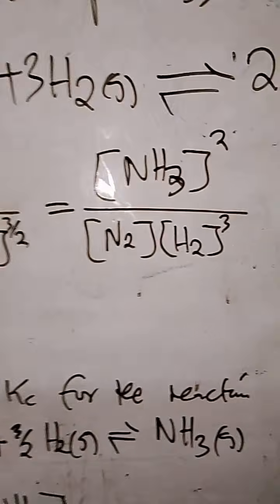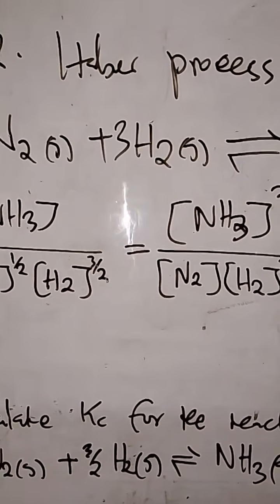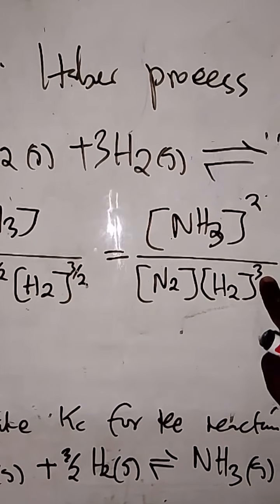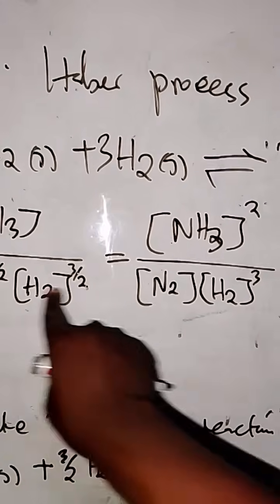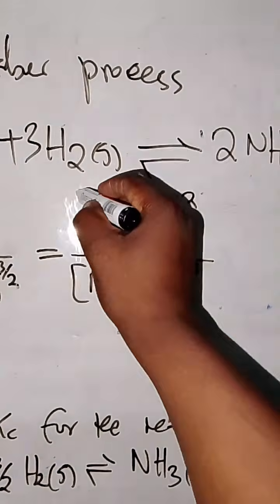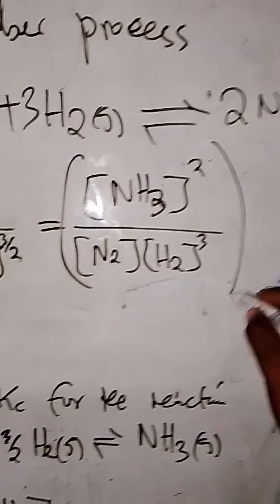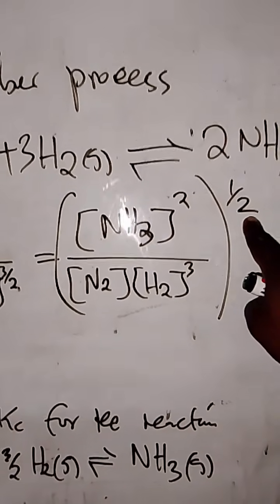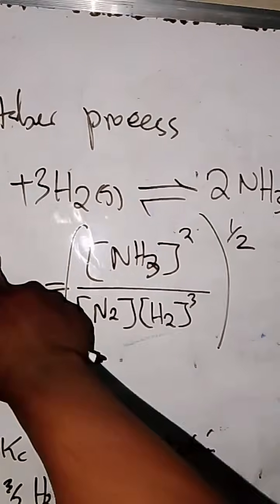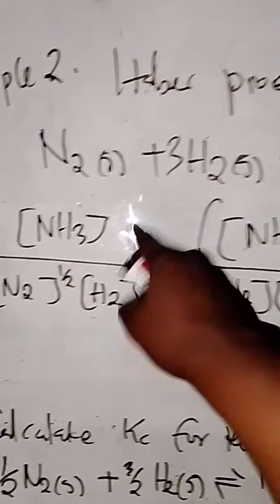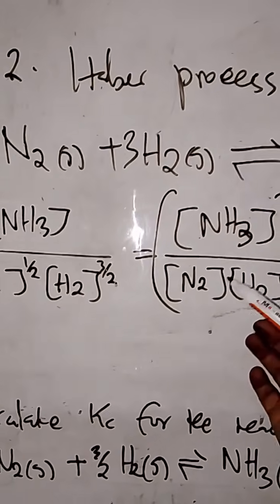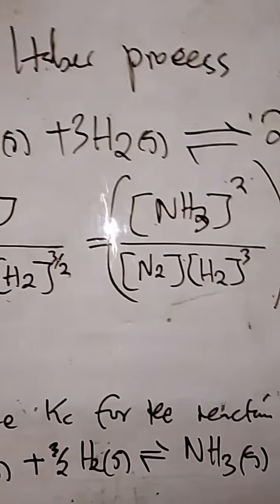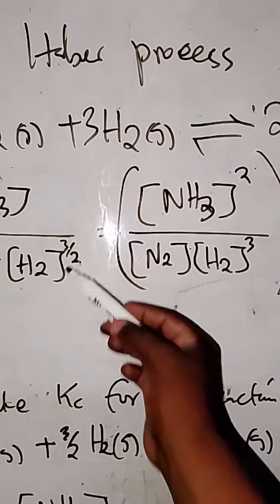So to make these two expressions equal, you can see here it is squared, here to the power 1, here to the power 3, and here there is a half, here 3/2. So if we introduce a half as a power, this half times this will give us this, half times the nitrogen power will give this one, and half times this will give that.